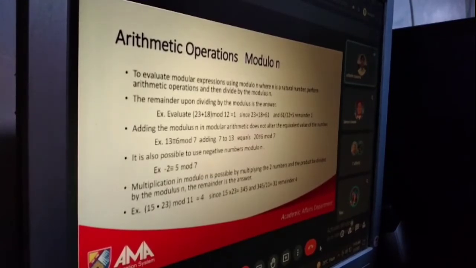Oh, ako yung nagkamali sa module. 23 plus 18 is only 41, ha? 41 lang yon. Tapos, divided by 12, the answer is 3. So, magkakaroon tayo ng remainder na 5. So, 5 is the answer. Maliwanag po.